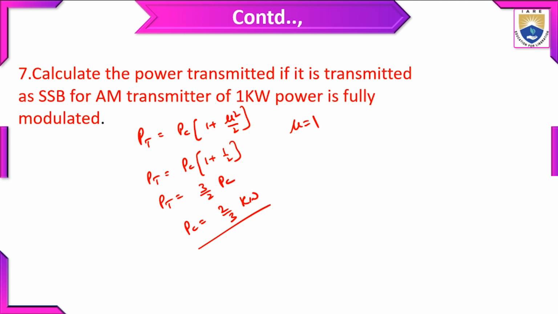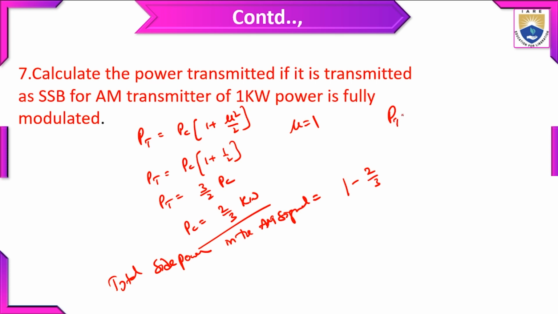Now the total sideband power in the AM signal is equal to 1 minus 2 by 3. Why? Because you have to subtract from the total power. PT is equal to PC plus the two sideband powers.